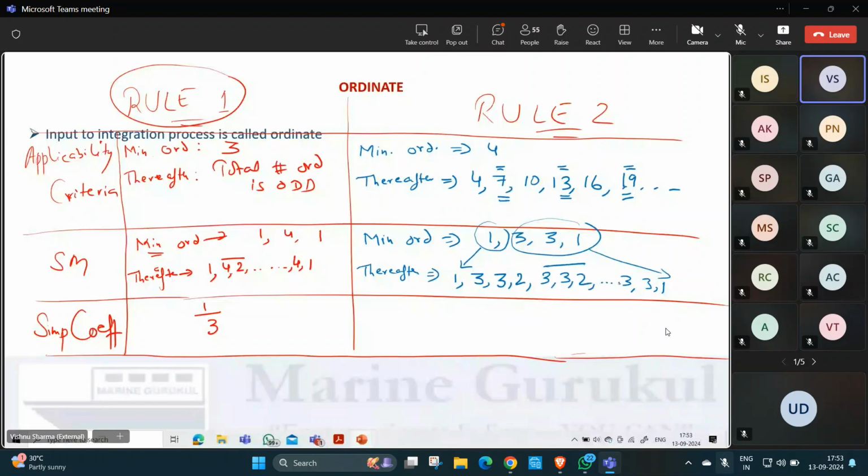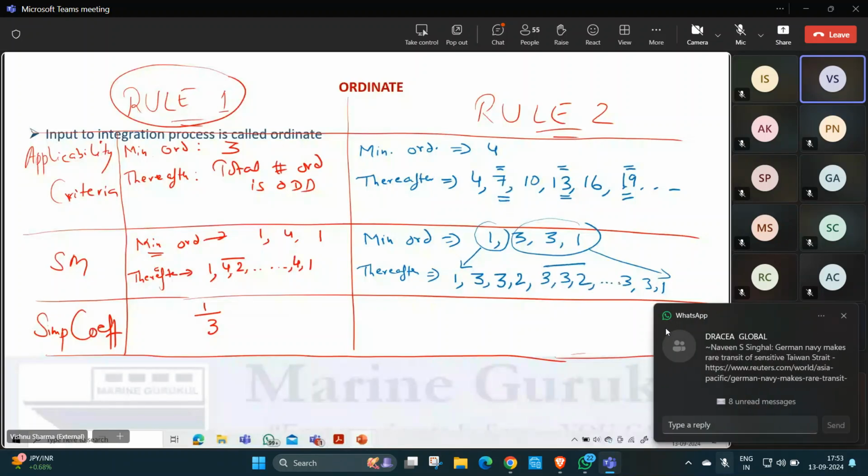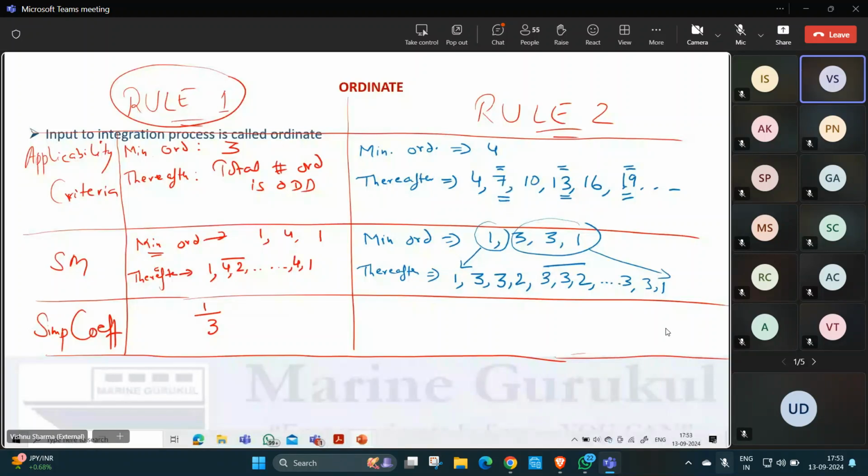So please repeat it a few times in your minds, just quietly. 1, 3, 3, 2, 3, 3, 2, 3, 3, 2, 3, 3, 2, 3, 3, 1. So 332 will be repeated as many times as required, but you will end with 331.